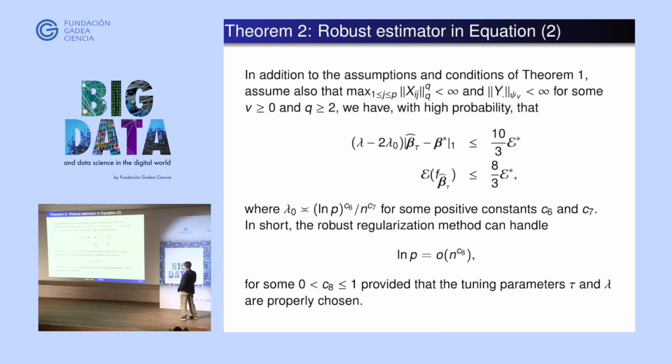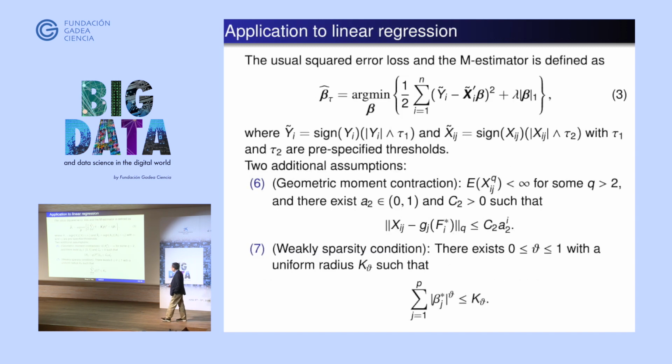For robust estimation, we have to have some moment conditions. Y has to decay exponentially. Then you can obtain this normalized, truncated estimate, and you can obtain a similar type of result. That's basically what we did. Okay, those are for the general linear model. You can apply this robust method to the general regression.